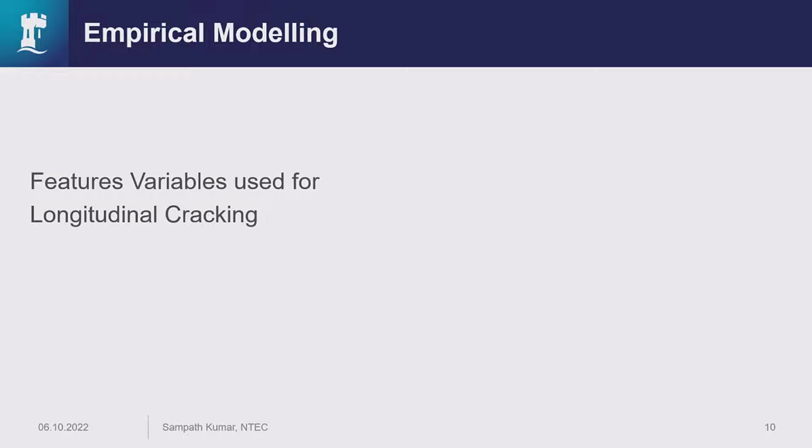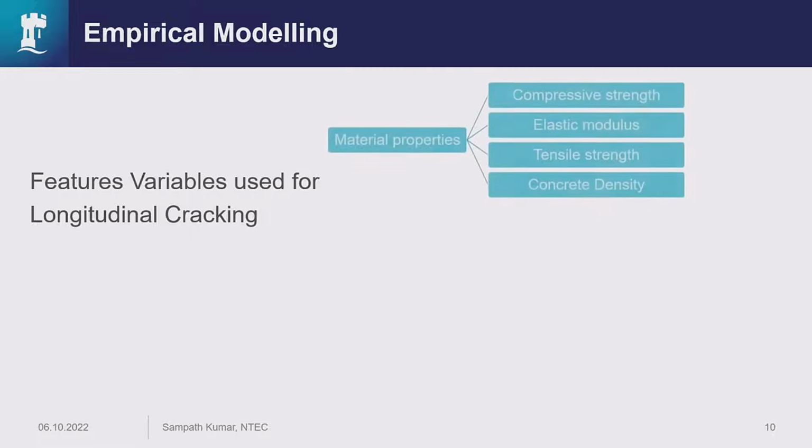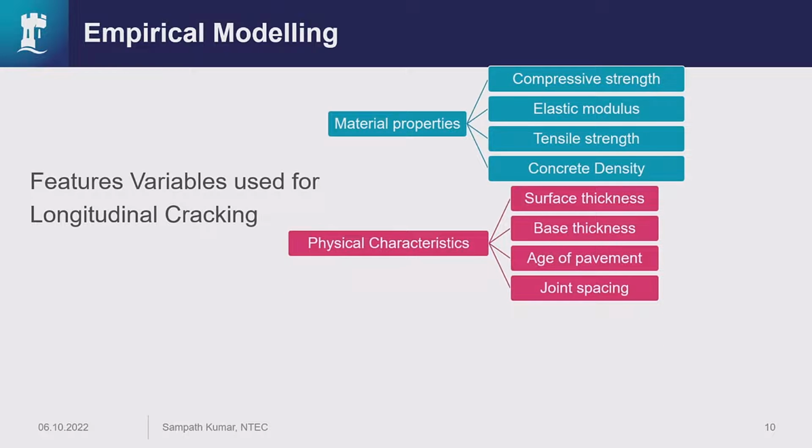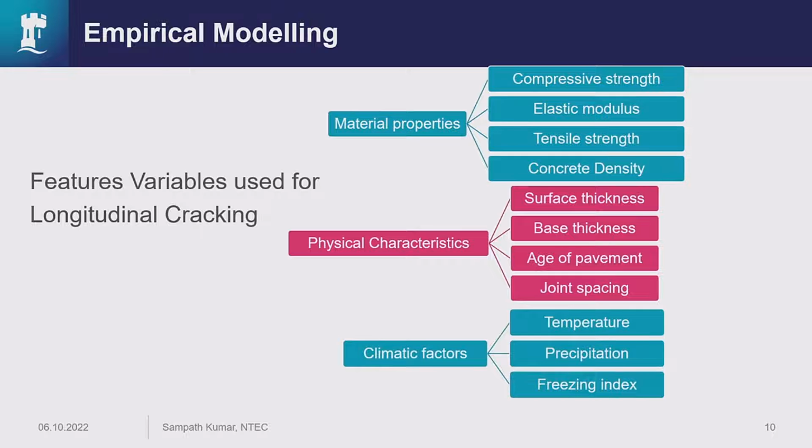For the material properties, we have used the compressive strength, elastic modulus, tensile strength, and density of the concrete. For the physical characteristics, we have used the thickness of the concrete surface, the thickness of the base layer, the age of the pavement, and the joint spacing, and different climatic factors like temperature, precipitation, and freezing index, and also the traffic.